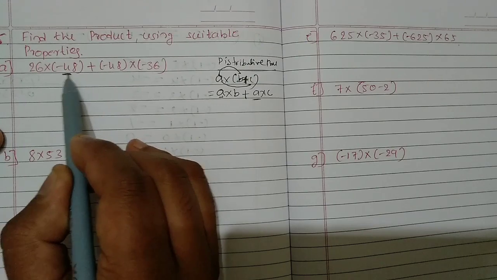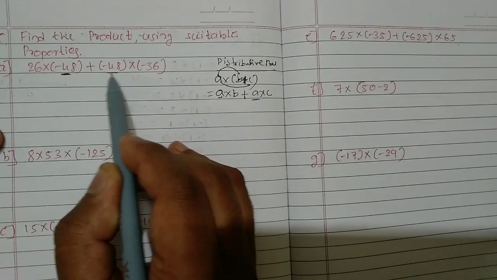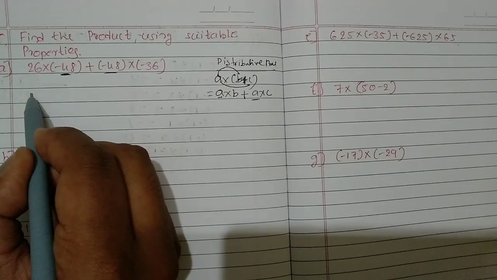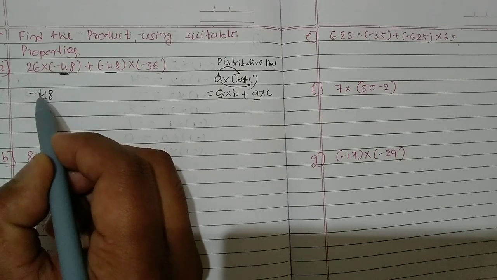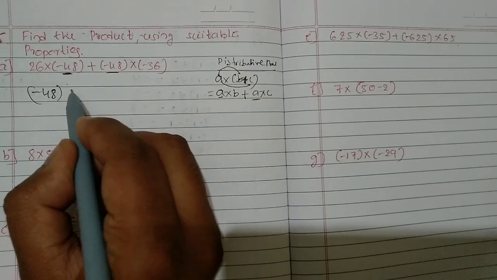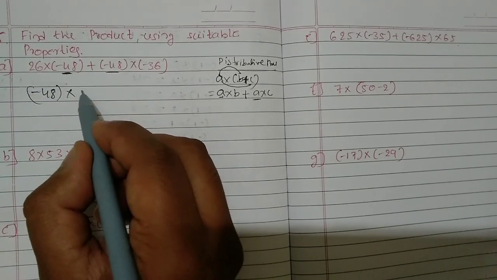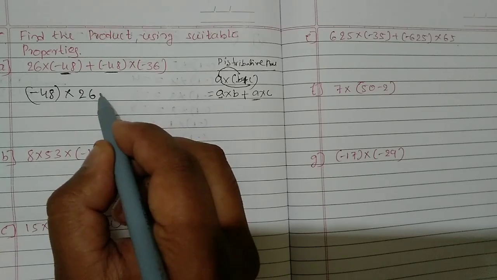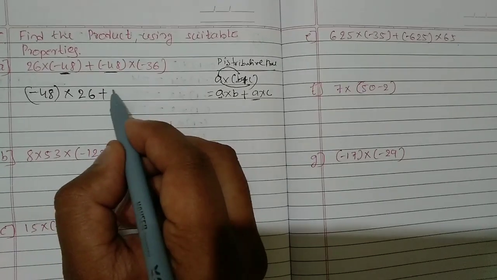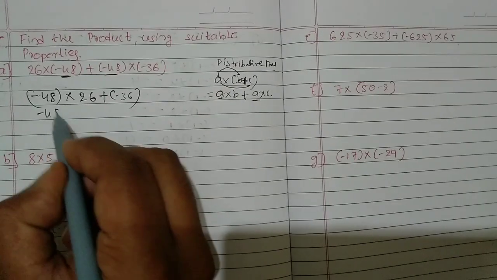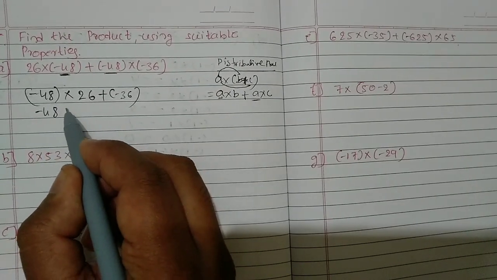Minus 48 in both terms. So we can easily take minus 48 as common. What is left? 26 in the first term, plus minus 36. So minus 48 into (26 plus minus 36).